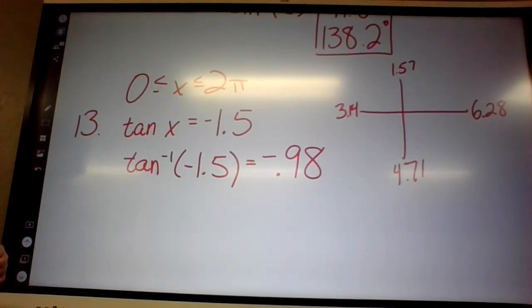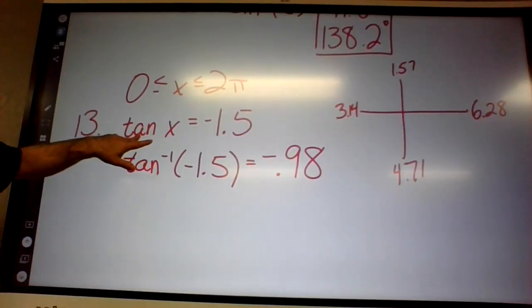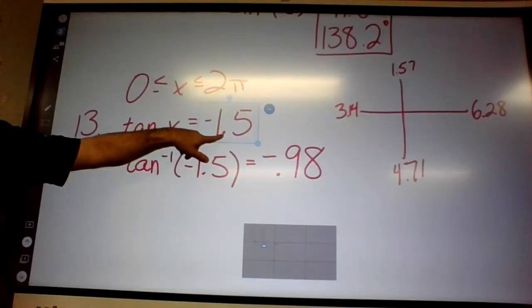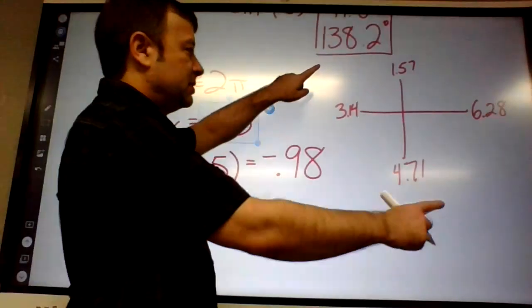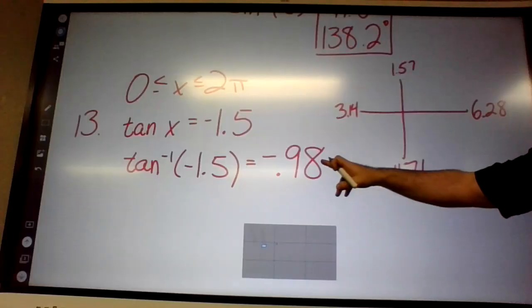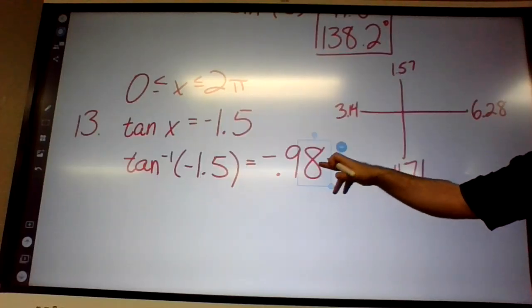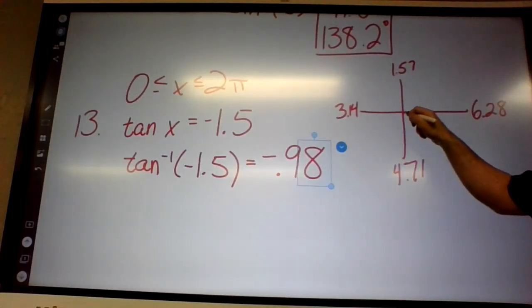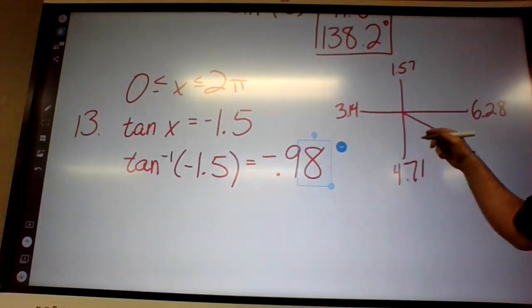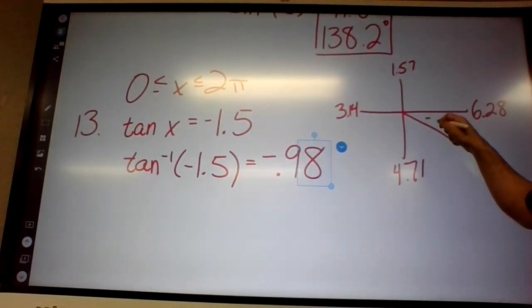Okay, that is not between 0 and 2 pi. That is a negative angle. What quadrants should tangent equal something negative? Yeah, these two. The fourth quadrant. This is a fourth quadrant angle. However, it is not between 0 and 2 pi. So this is kind of like the same problem we had on number 1.